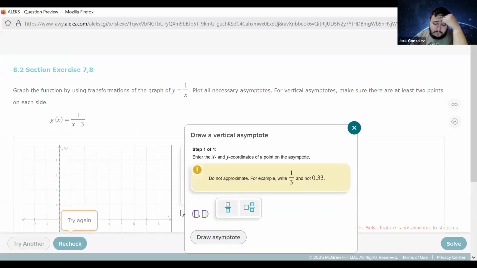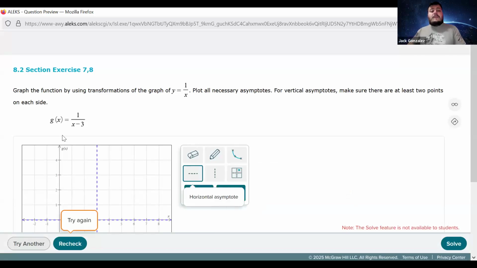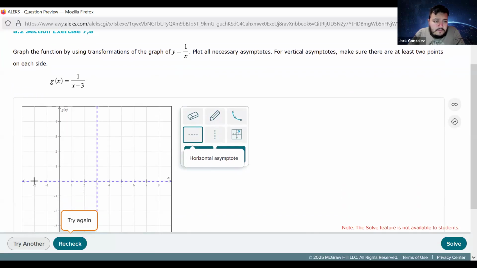So vertical, one more time. Horizontal. I'm gonna send you some notes in a moment. And if you saw the video, you should remember if the degree of the denominator is higher than the numerator, you're gonna have a horizontal asymptote. Okay. So I have a vertical and a horizontal.